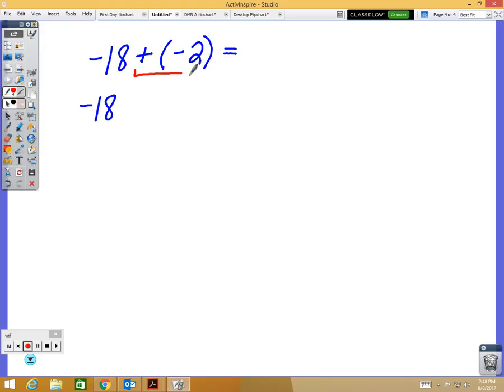And what can we change this into? Okay, so we're rewriting this as negative 18 minus 2. Now, we need to think about our rule. Negative 18 and a negative 2, do they have the same sign or different signs? Same sign, so same sign is add and keep. Add them, keep. Done.